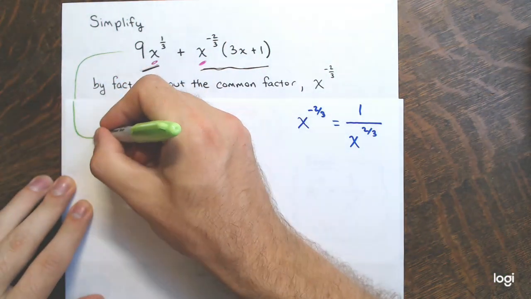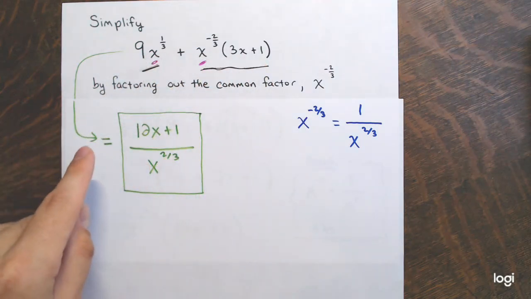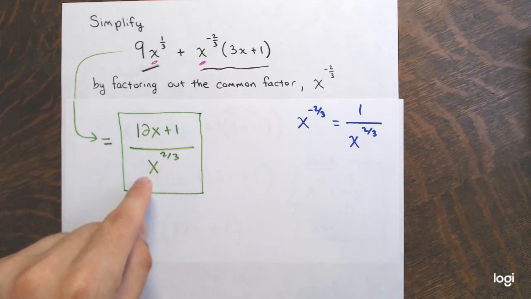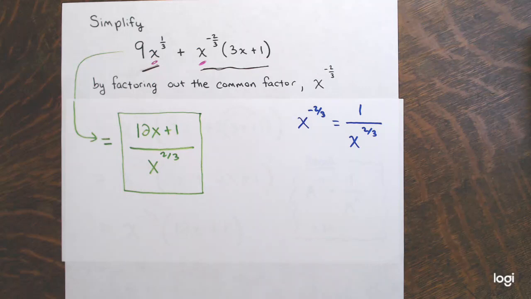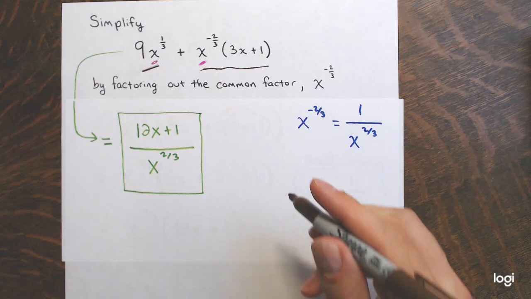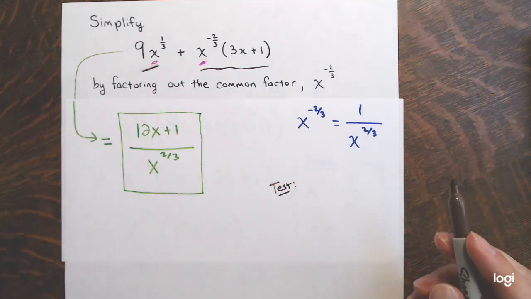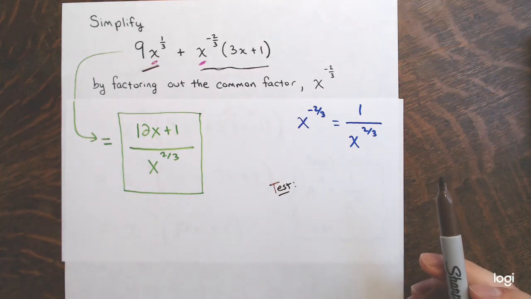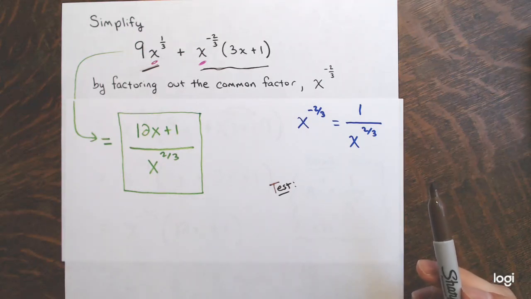So the expression I started with should be equal to this expression here, where 12x plus 1 is in the numerator and x to the positive 2/3 is in the denominator. Let's test it out. Now last time, the previous example, the denominators on my exponents were even, so I didn't want to plug in negative numbers because the result wouldn't be real.